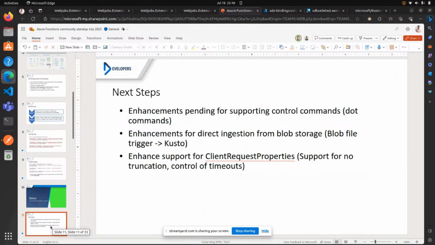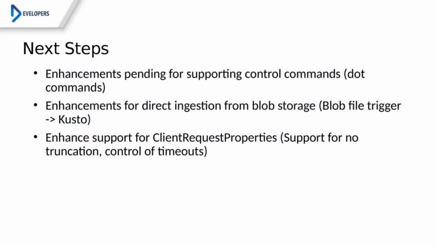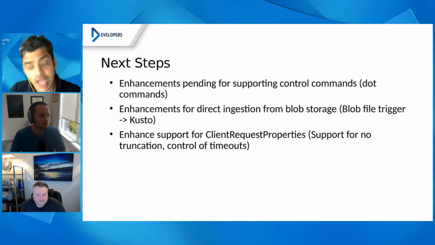So if you want to set your custom timeout, or you want to control the number of records that are retrieved as part of the query, all of these are possible through something called client request properties. We want to be able to let customers enhance the bindings by using client request properties as well. So these are next steps that are coming as part of subsequent releases of these bindings.